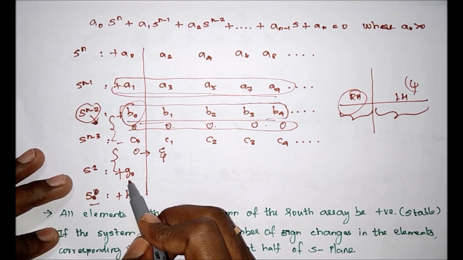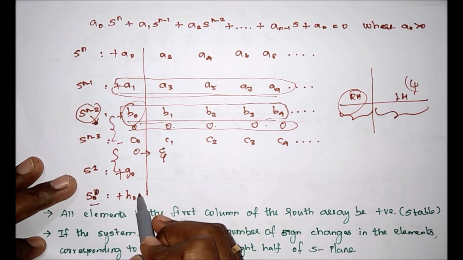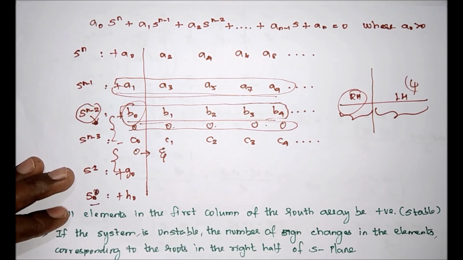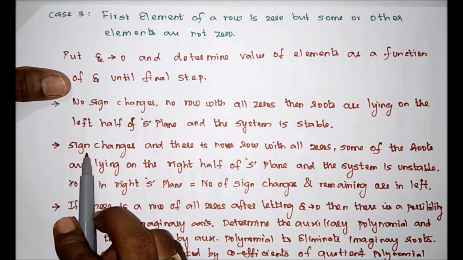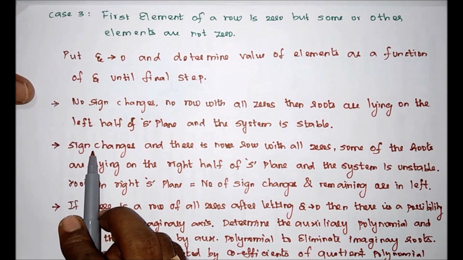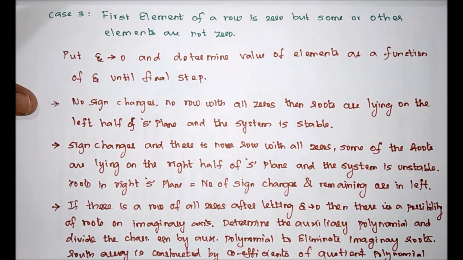After completing case 1, if in the first column there are no sign changes, we can say it is a stable system. Suppose sign changes occur, we can say it is unstable. We know that the number of sign changes is the number of roots lying on the right half of the S plane, so it is an unstable system.